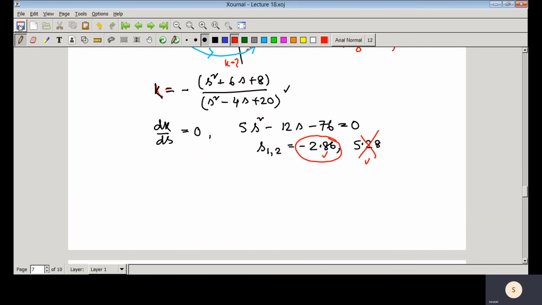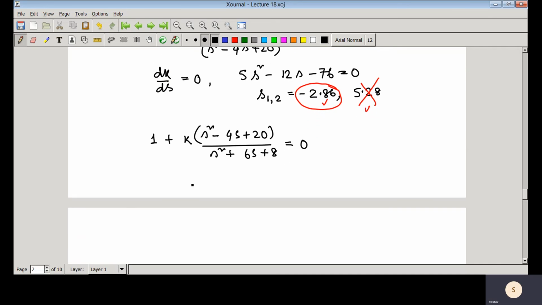So let us see. Your characteristic equation is 1 plus k times s square minus 4s plus 20 over s square plus 6s plus 8 equal to 0.